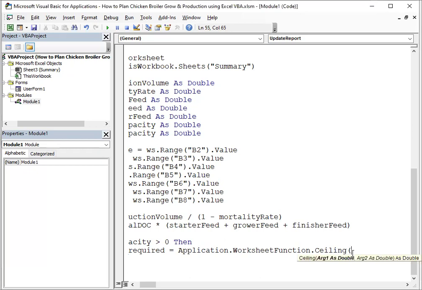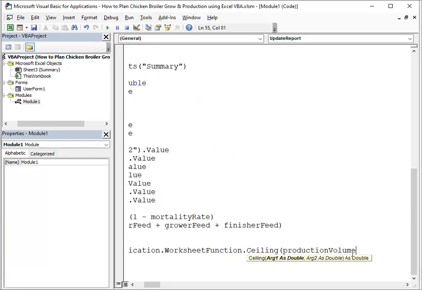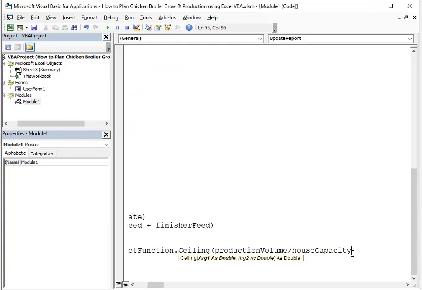There should be a parenthesis, then production volume slash house capacity, comma 1, close parenthesis.